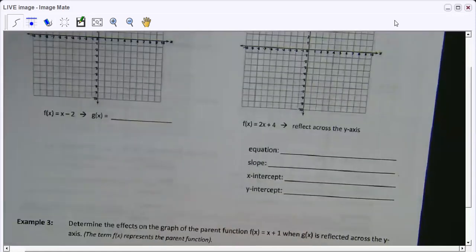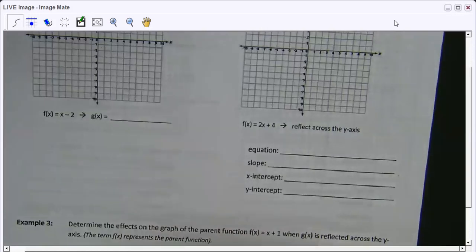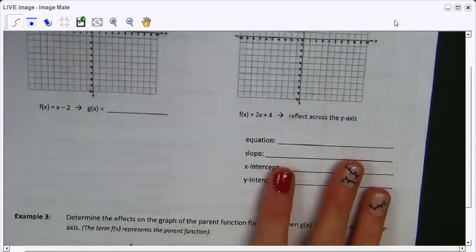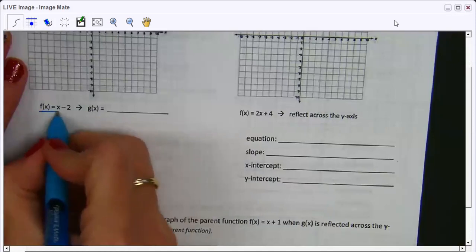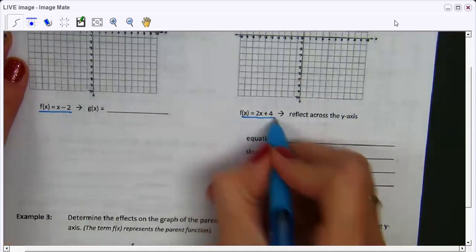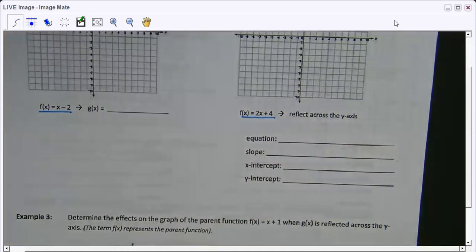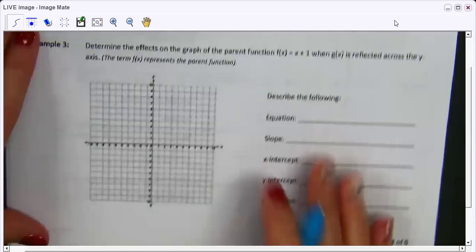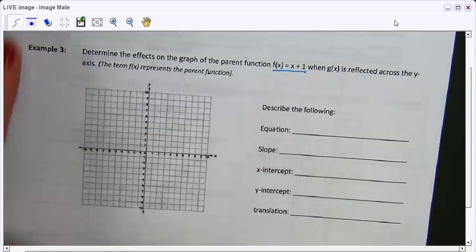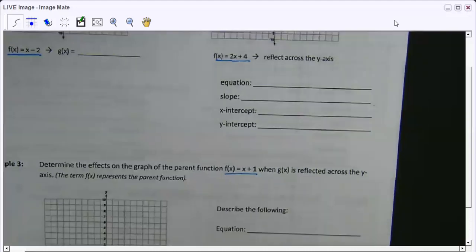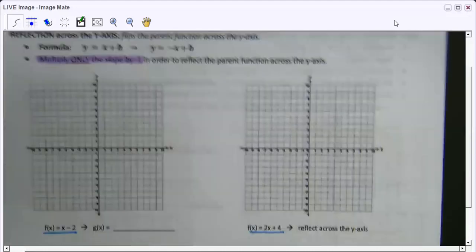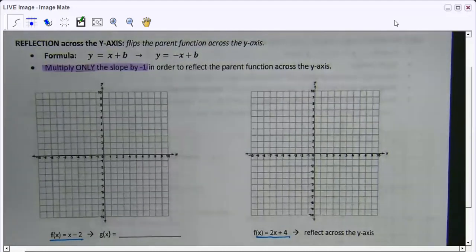So on all 3 of these graphs on this page, I want you to graph the original function, okay? And then we're going to go through reflecting all 3 of those original functions.